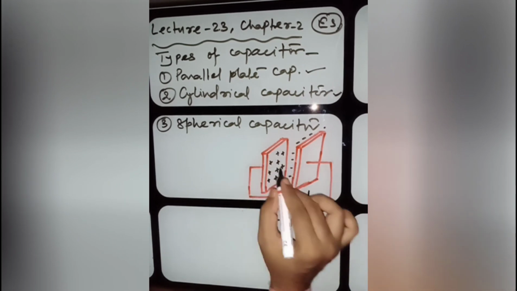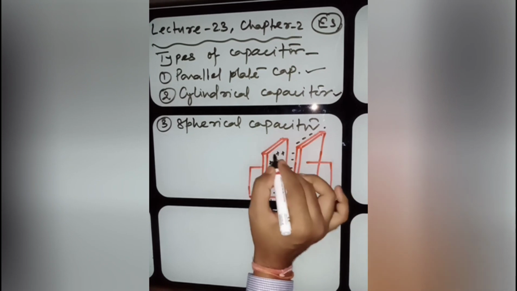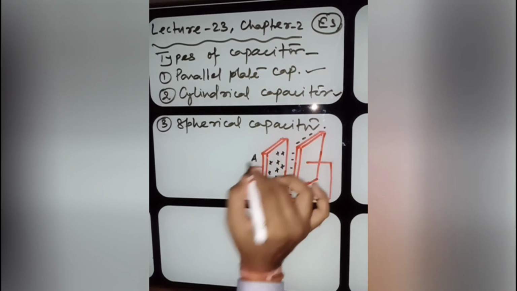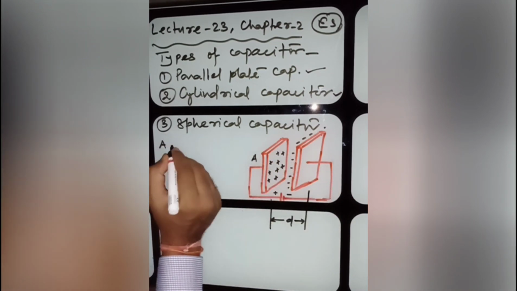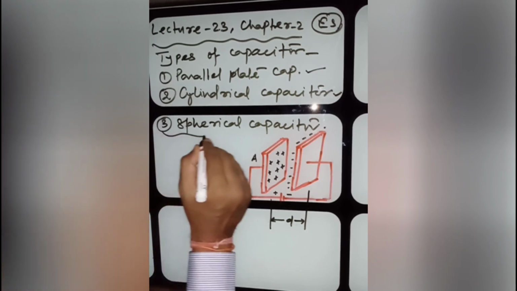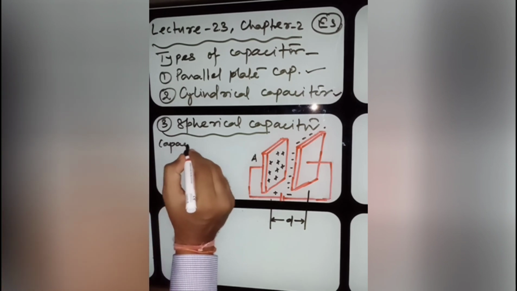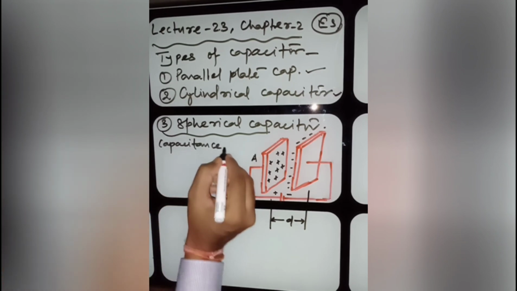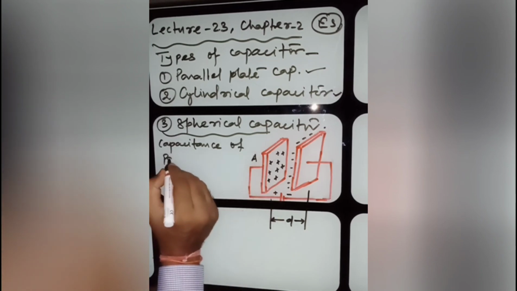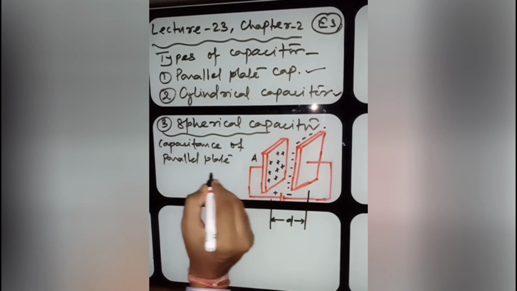A is the common surface area. Remember, A is the common surface area. Here, we are using A in the derivation for capacitance of parallel plate capacitor.